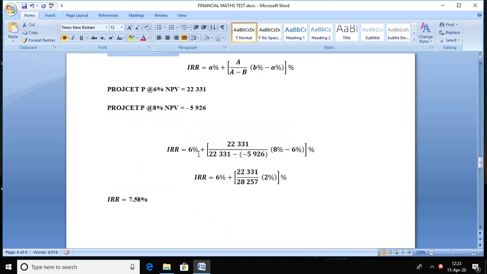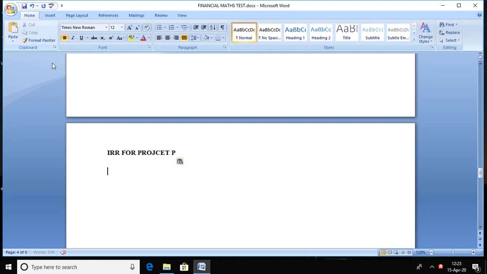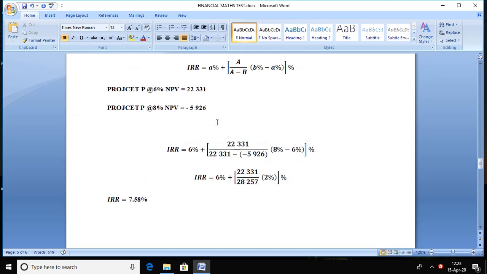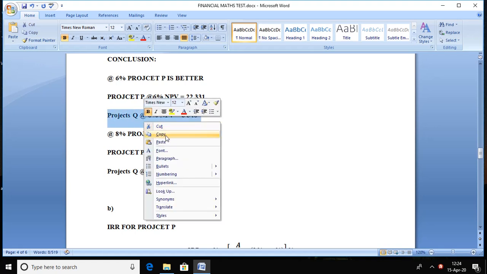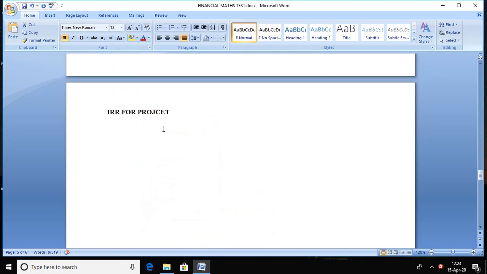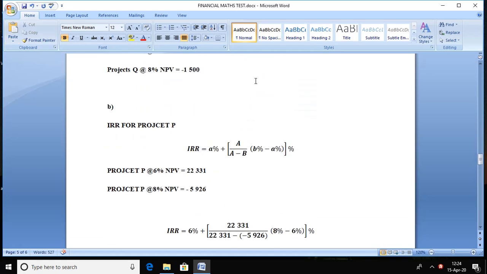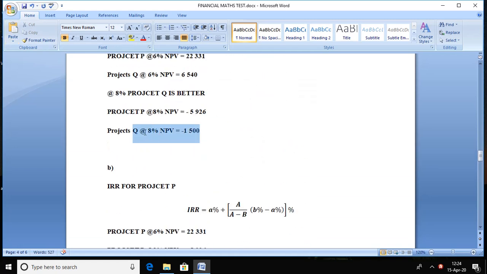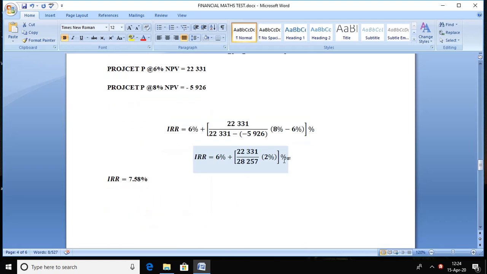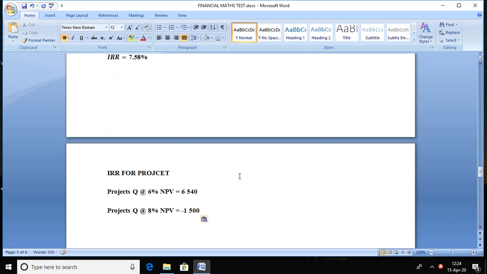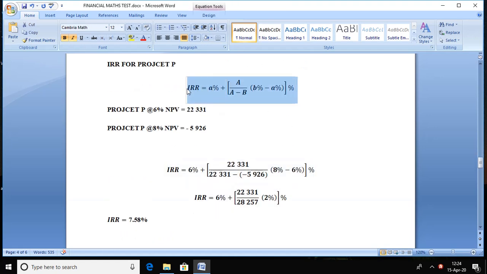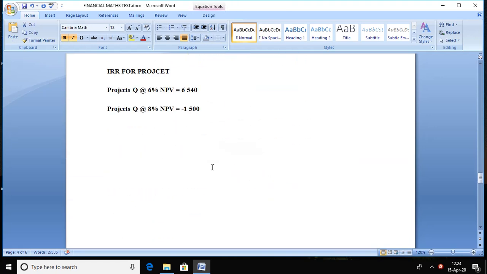Let's get the internal rate of return for project Q. What do we have for project Q? Project Q at 6%, we had that. Project Q at 8%, we had this. So what will be the internal rate of return?